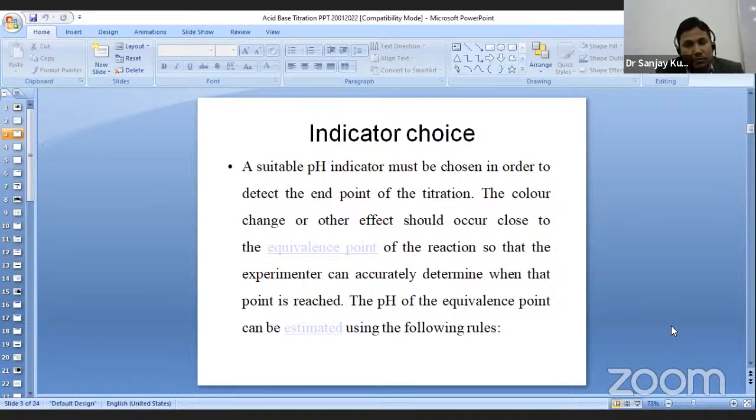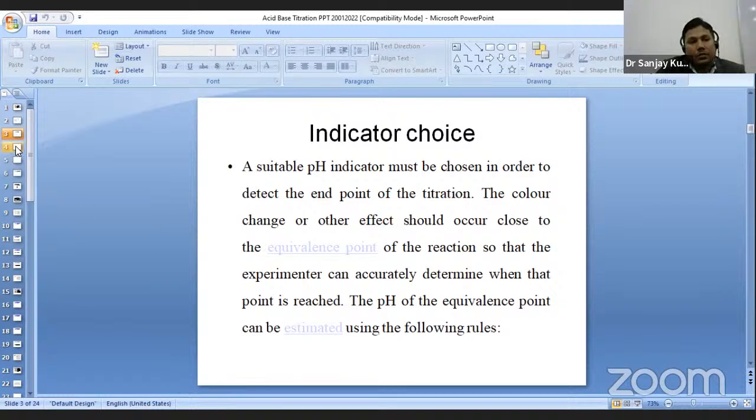Suppose initially we have a colorless compound; after addition of indicator, at the endpoint it neutralizes and suddenly changes, producing a color like pink or purple, depending on the compound or the acid-base titration reaction.